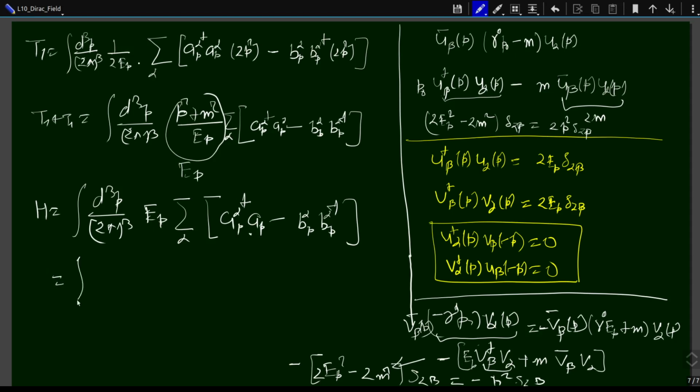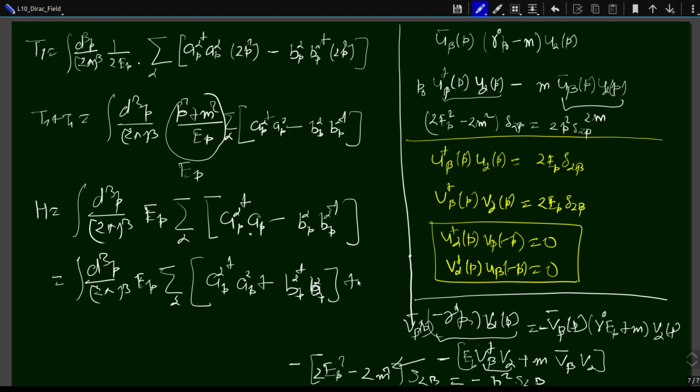So this becomes the integral d3p by 2 pi cubed, EP, sum over alpha AP alpha dagger AP plus BP alpha dagger BP alpha, plus a huge constant integrated over d3p, but we throw that part away.